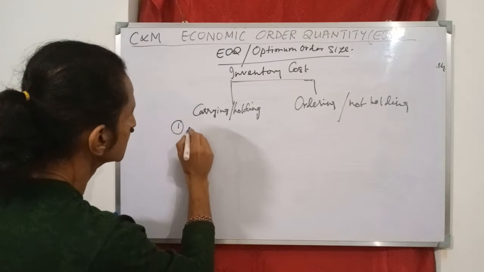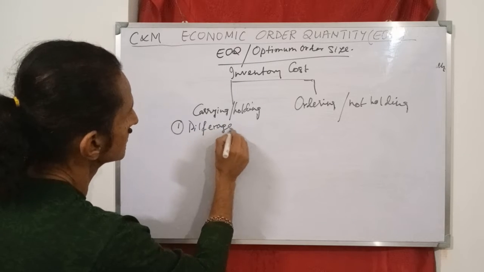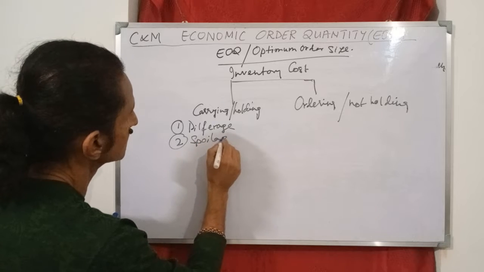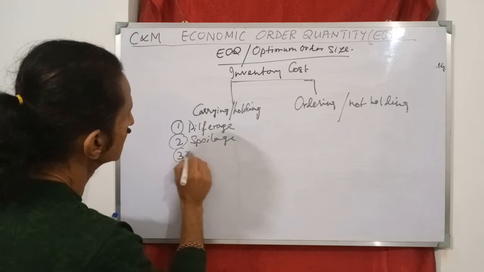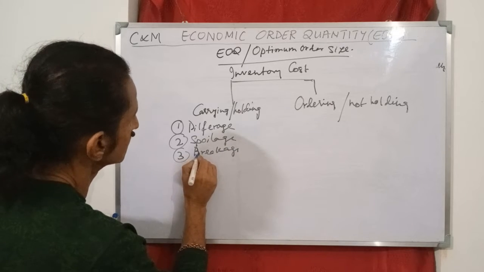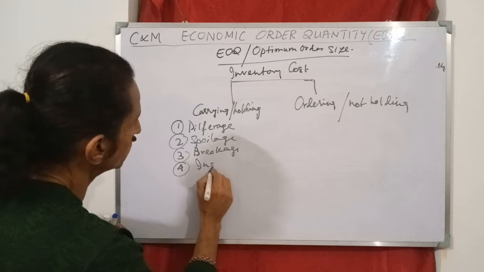Number 1, pilferage. Number 2, spoilage. Number 3, breakage. Number 4, insurance.